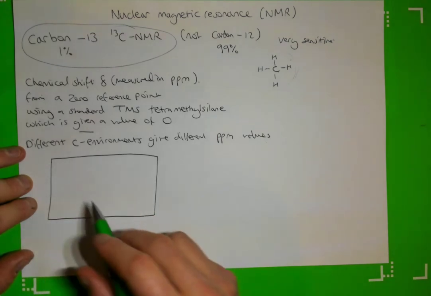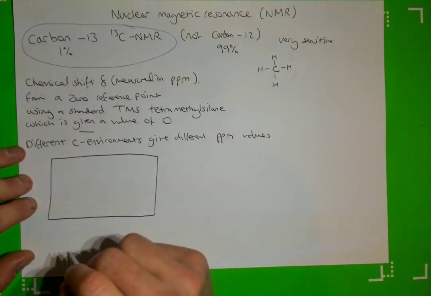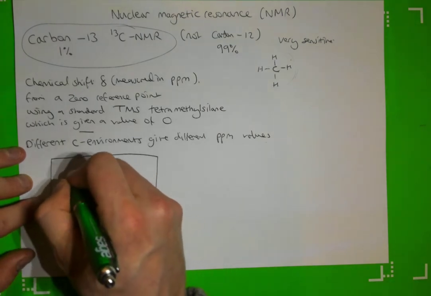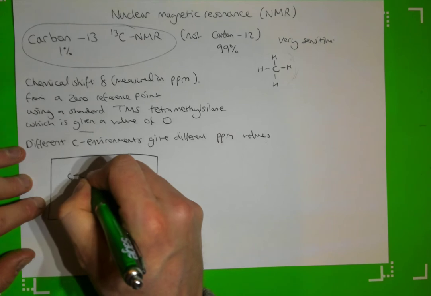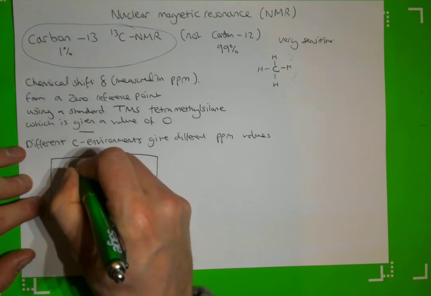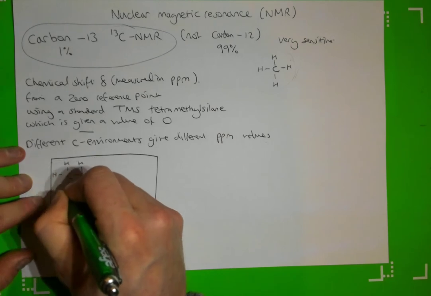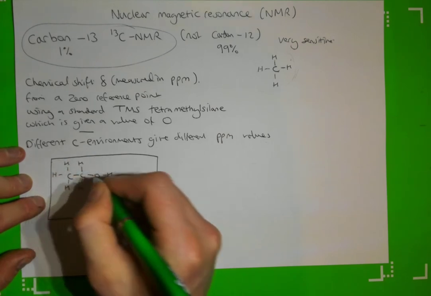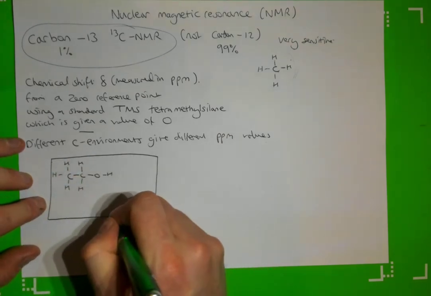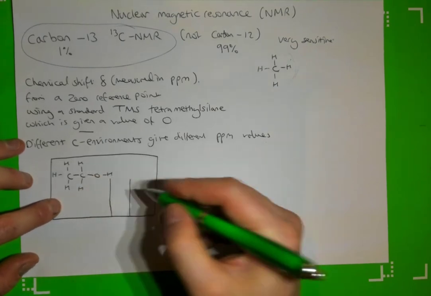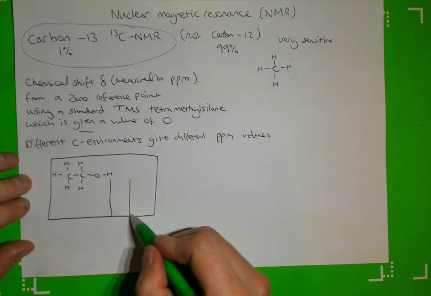Essentially what we get is a graph, and if we have got a graph of ethanol, we would end up with two peaks like this. So a peak here and a peak there.